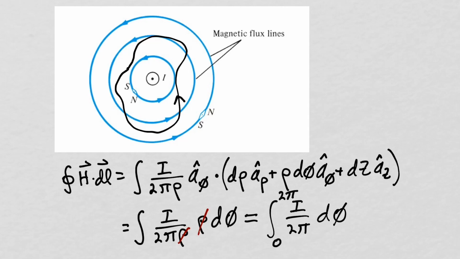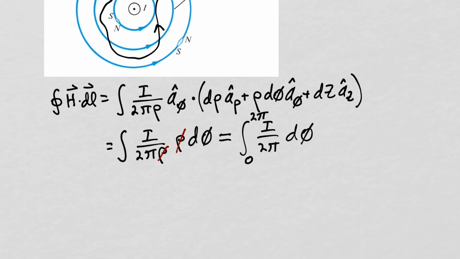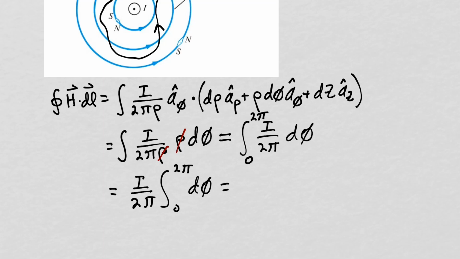So we can take the I over 2 pi out of the integral, so we'll have an I over 2 pi. So when we integrate d phi, we'll get phi, and we're going to evaluate that between 0 and 2 pi.